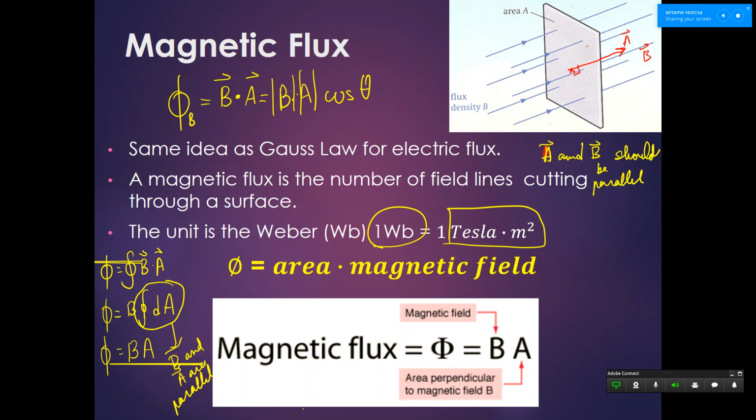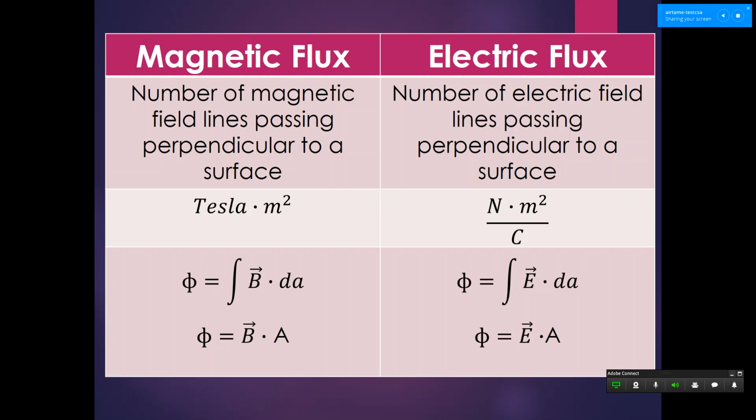It's easy to find it at one spot, but if I'm talking about a whole surface and an entire magnetic field, then what you need to do is, one, make sure that your magnetic field is uniform, and two, that your area vector is parallel to your magnetic field at all times. Remember, that's how we chose our intelligent Gaussian surface. It's going to be the same thing here. You can calculate magnetic flux when these two conditions are met. Okay, that's that.